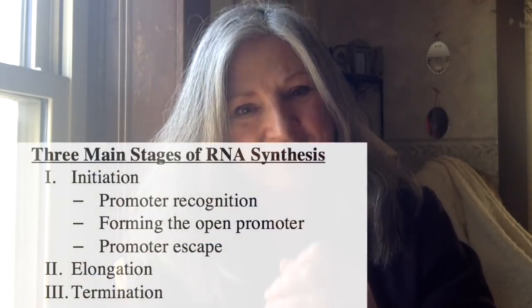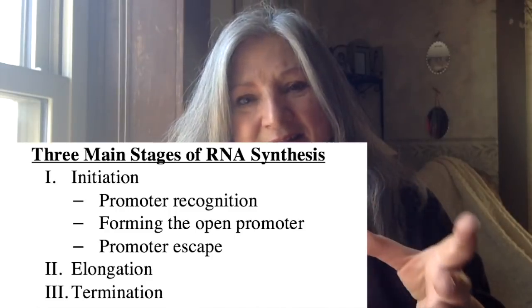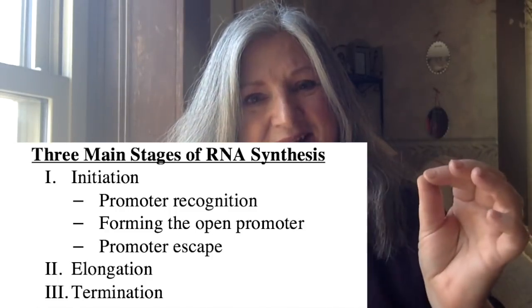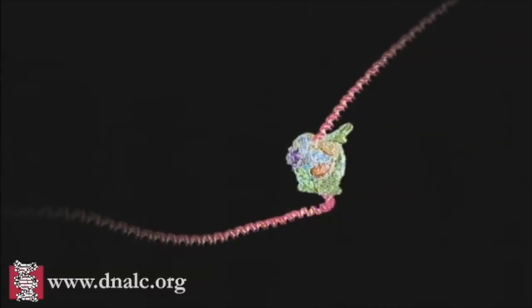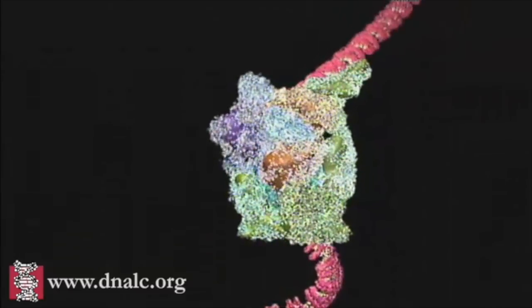I hope that's clear. There are three main stages of RNA synthesis: initiation, elongation, and termination. Initiation is beginning, and in order to begin transcription, the polymerase, the enzyme that's going to synthesize this RNA, has to find out where to start. So it has to find a region in the DNA that's called the promoter. It's going to bind to the promoter in order to initiate transcription.